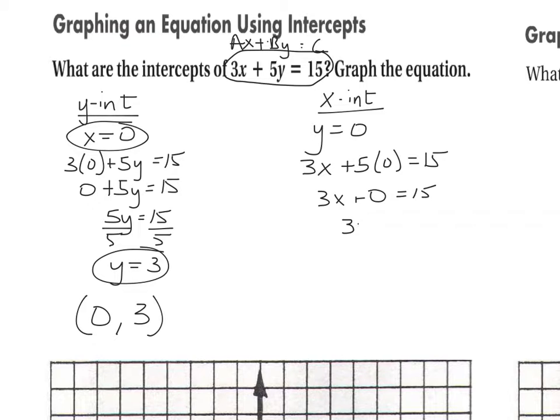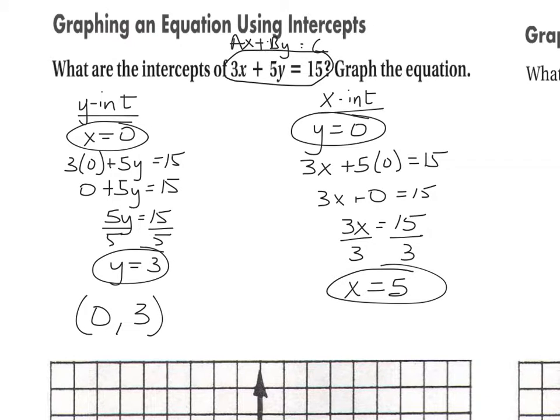So this is really just 3x equals 15. Then I'm going to divide by 3, and x is going to equal 15 divided by 3, which is 5. So now my two numbers are x is 5, so that goes first, and y is 0.